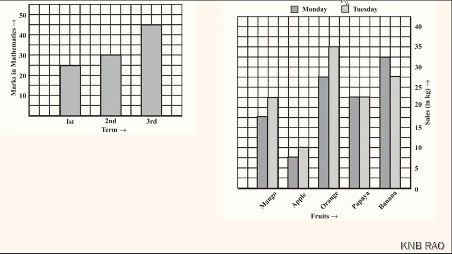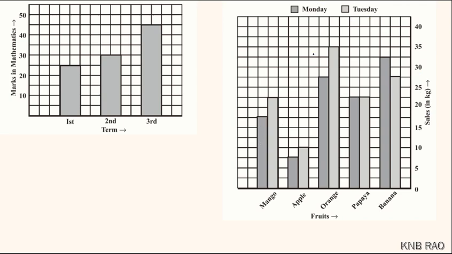Okay, now here you could see a double bar graph where the sale of fruits on 2 different days, that is Monday, Tuesday. So, the sale of fruits by a fruit vendor in kgs is given as a bar graph on 2 different days, Monday and Tuesday.